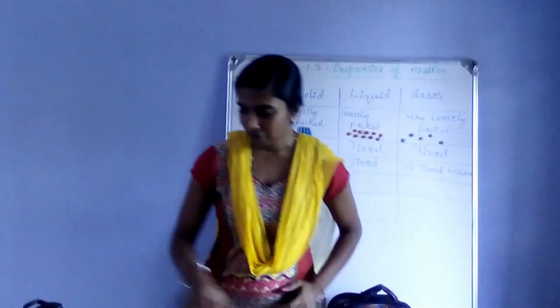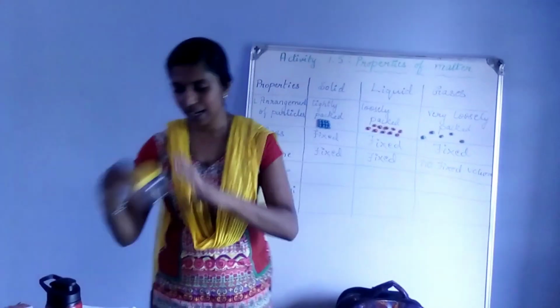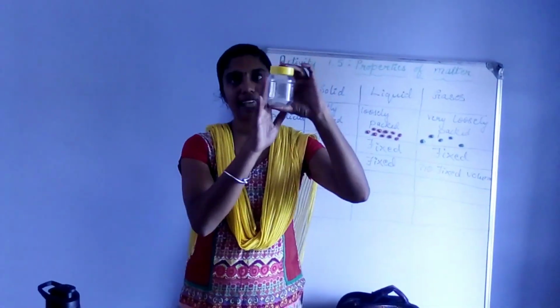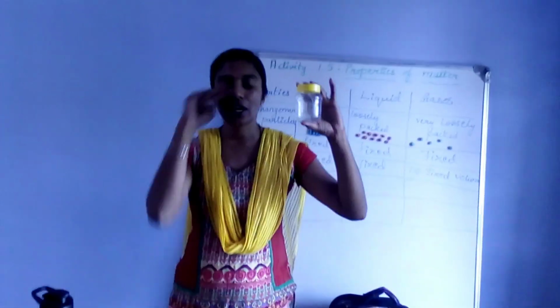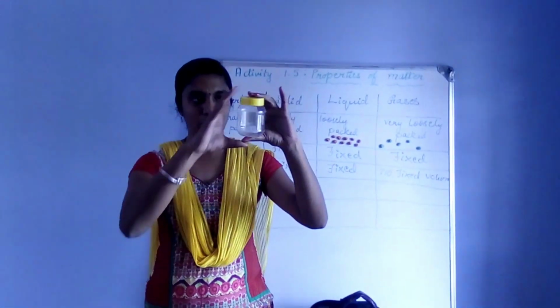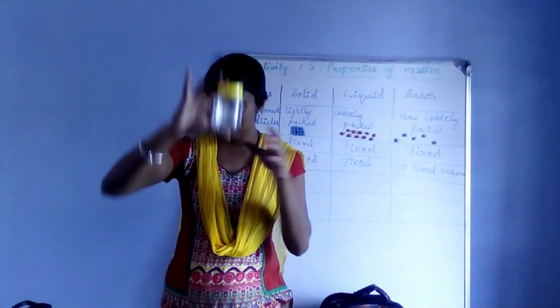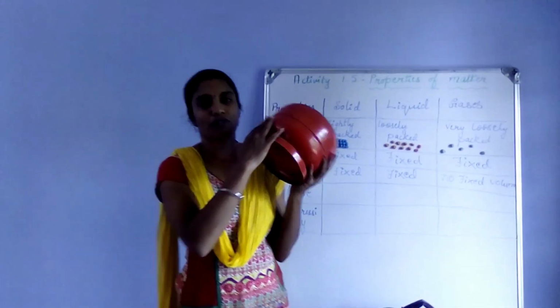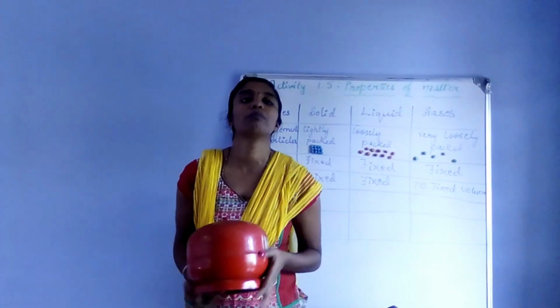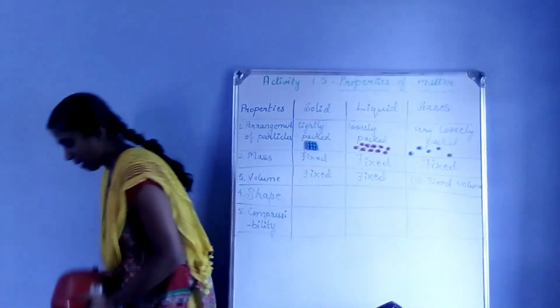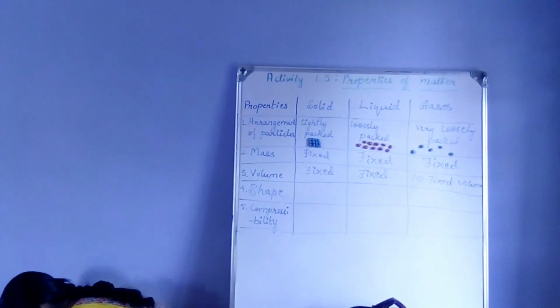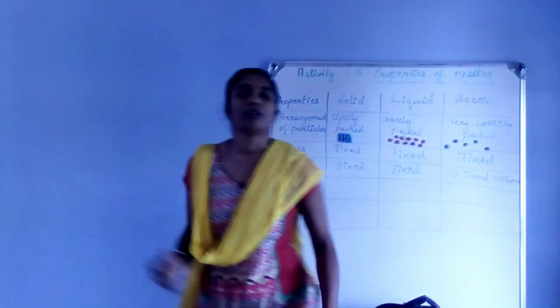Okay. Then if I come to gas, here nothing is there, which means it is gas. So gases do not have definite shape, like liquid. It can take the shape of this bottle, or as I showed you, the cylinder, or if you blow a balloon which is of different shapes, it takes the shape of a particular balloon.